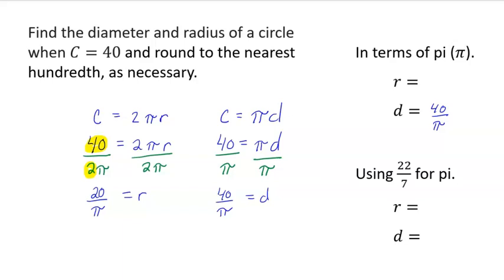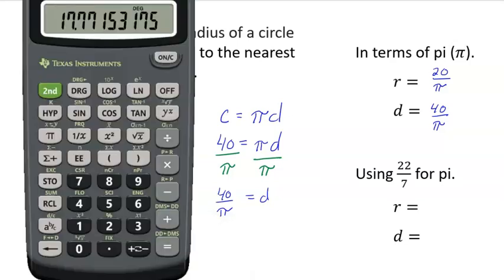And that makes sense because the radius is going to be half of the diameter, and half of 40 is going to be 20. So we have 20 over pi, like this. And then if they asked us to use 22 over 7 for pi, that's all I'm going to do in my calculator. So remember, when you're dividing by a fraction, make sure you're putting it in parentheses.